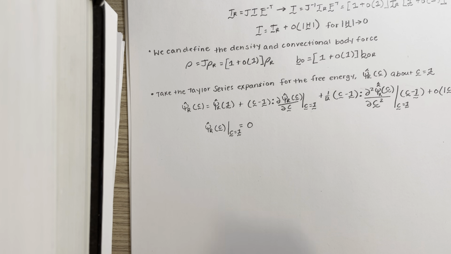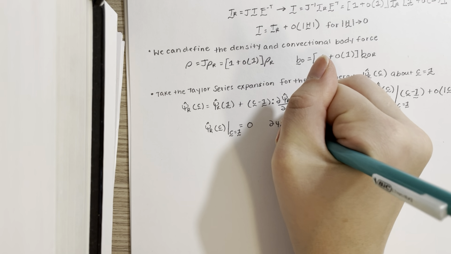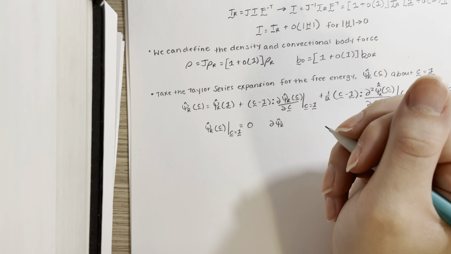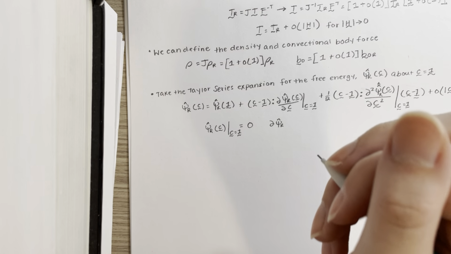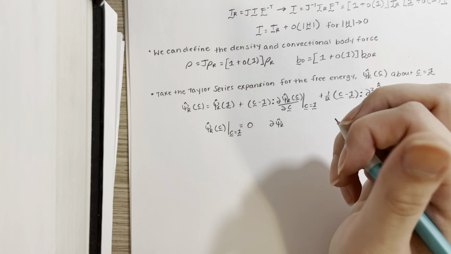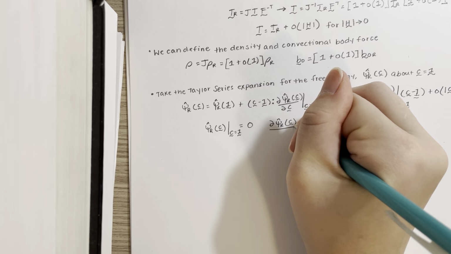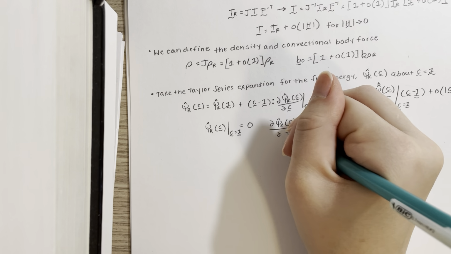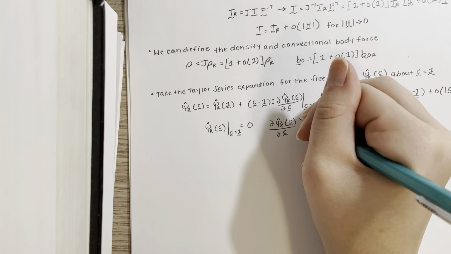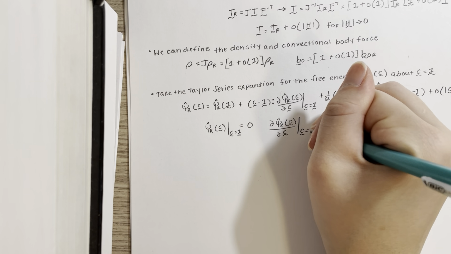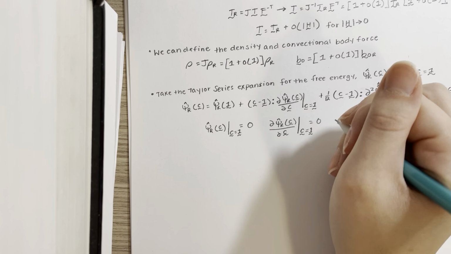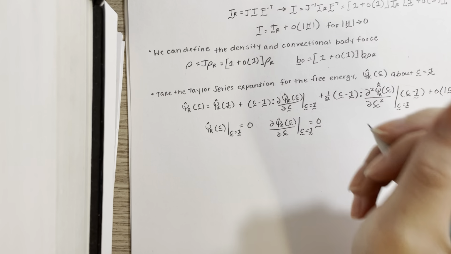And then we also have that del phi r hat of C over del C evaluated at C equal to 1 is equal to our 0 tensor.